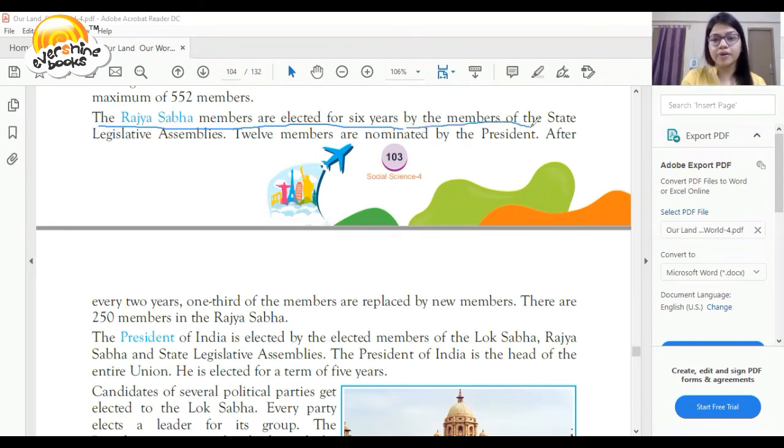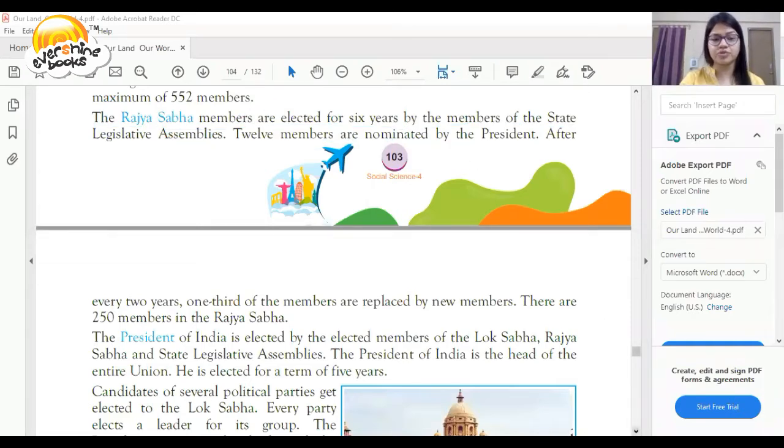By the members of state legislative assemblies. 12 members are nominated by the president. 12 members को कौन nominate कर सकते हैं? President. हमारे देश के राष्ट्रपति 12 members को राज्यसभा के लिए चुन सकते हैं.